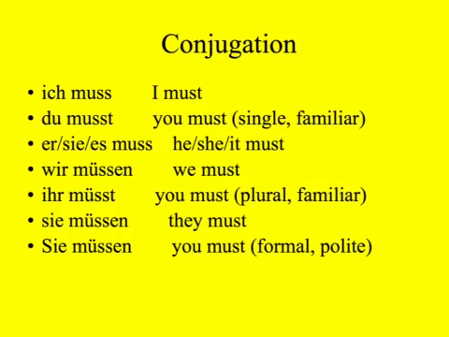First of all, like always, to use a German verb, we need to know how to change it, and this is called conjugation. So how do we change it for each of the people that we talk about doing things? Ich muss, du musst, sie, es, muss. The first three are all irregular.